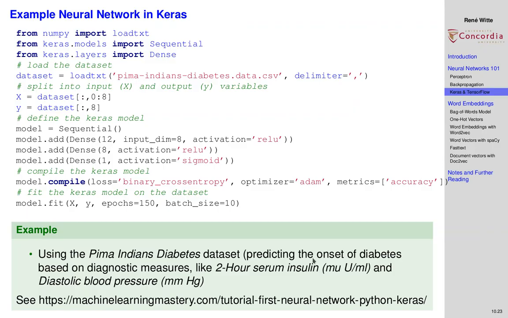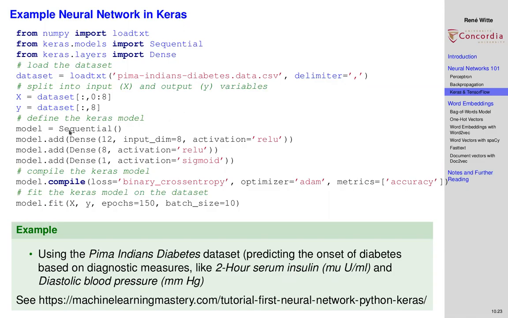Basically, we want to predict if someone is getting diabetes based on a number of diagnostic measures, like some blood values and so on. So just like before, we have our input vector, and then the output vector.